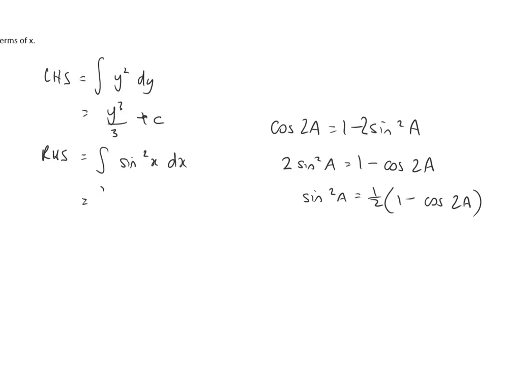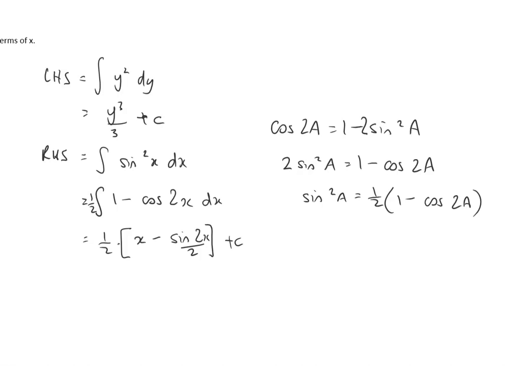That's going to be the integral of, so I'm going to bring the half out the front, 1 minus cos of 2a. Obviously it's not 2y, it's 2x. So that's going to be a half multiplied by the integral of 1, which is x, minus the integral of cos 2x, which is sine 2x over 2, plus c.